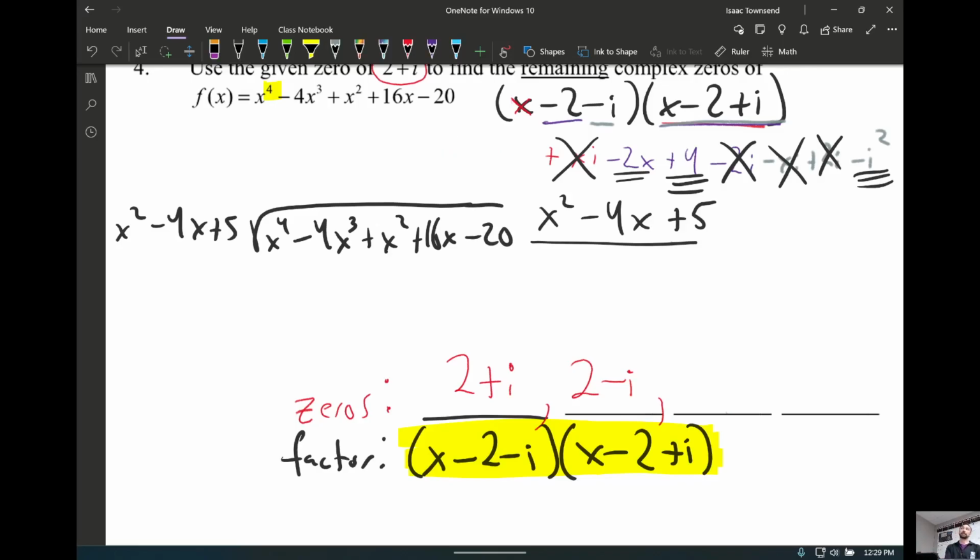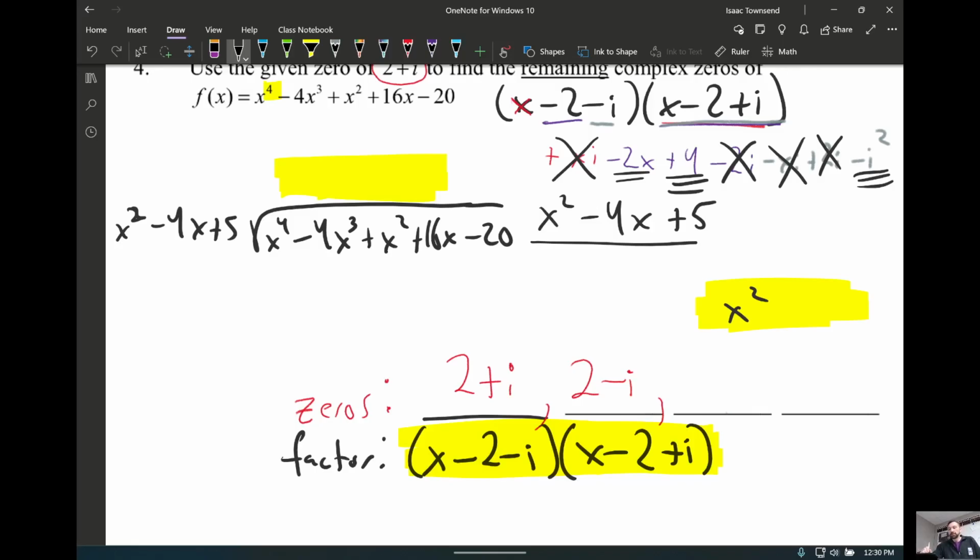If I divide out that quadratic, it's going to expose this hidden quadratic, and that hidden quadratic is going to give me my last two zeros. This is why we needed to review long division before we got to this page. And as much as you may want to, synthetic division can't divide by x squared stuff. It can only divide by x plus a number or x minus a number.